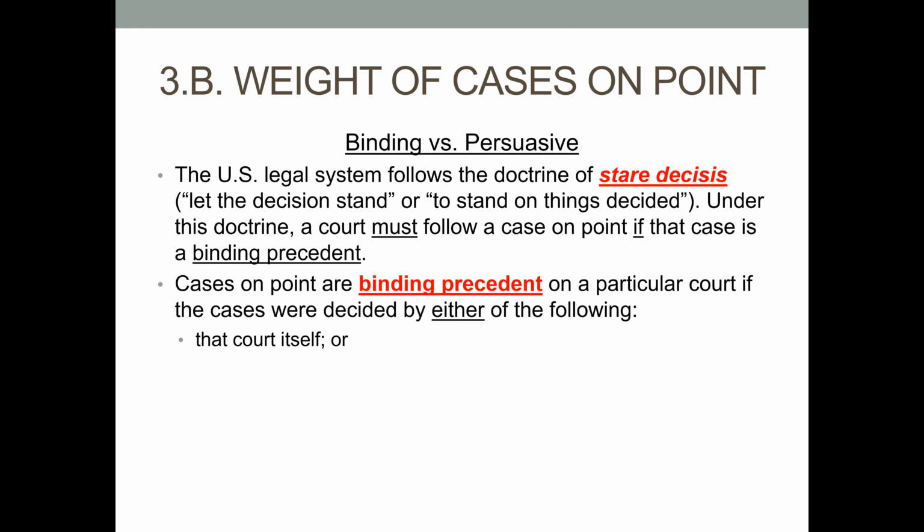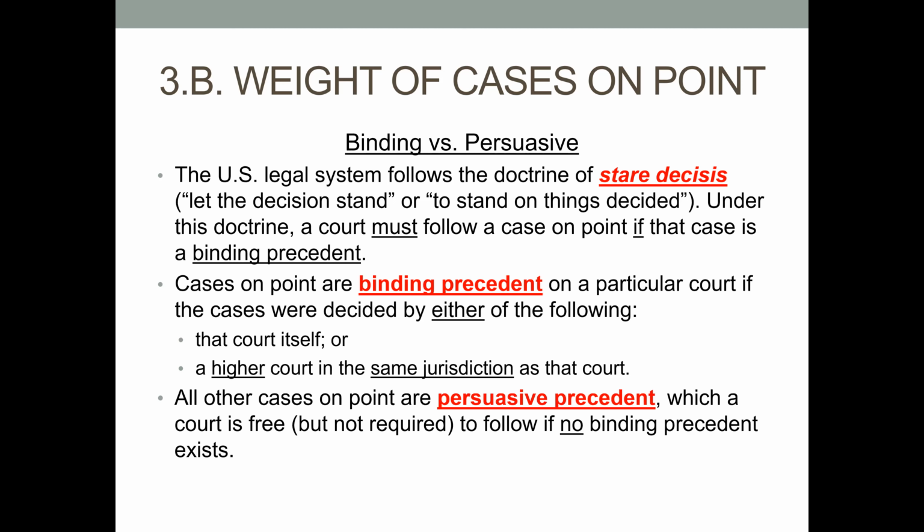That is, courts are bound by their own prior decisions, or alternatively, the court that decided the case on point was a higher court than the current court, but in the same jurisdiction as that court. So a binding precedent is a case that was issued by either the same court that is deciding the current dispute, or a higher court in the same jurisdiction as the court that is deciding the current dispute.